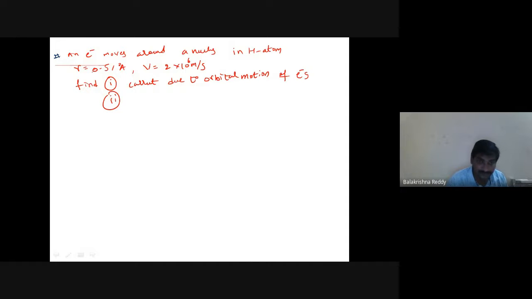Question number 2: the magnetic field produced at the center of the atom or nucleus. Next, question number 3: the magnetic moment associated with the electron.